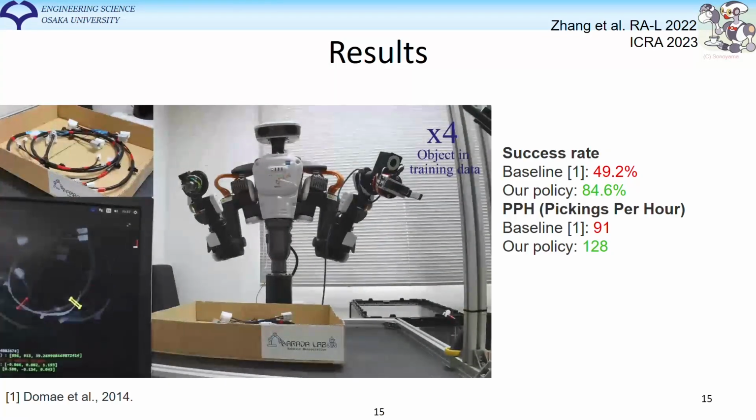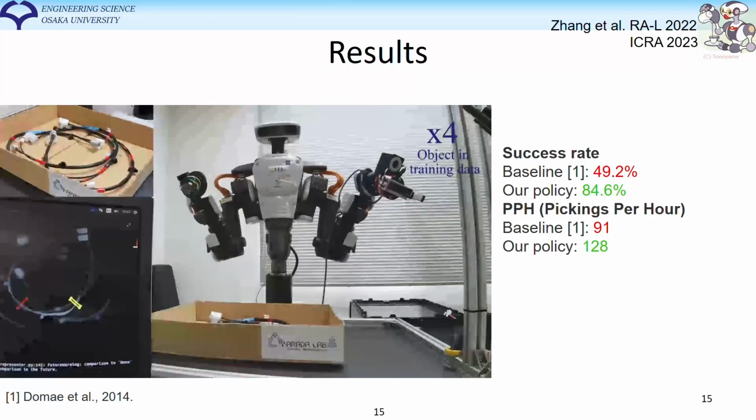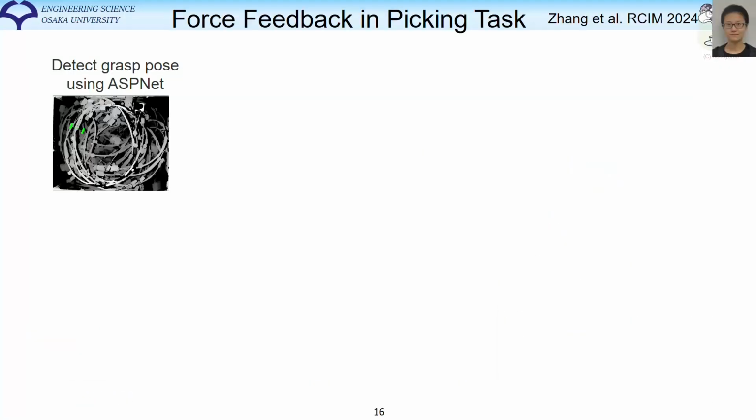I believe that it is high enough for picking such a very difficult object. And in this method, there is no feedback after the robot picks up the object. Then we use force feedback in the picking task.